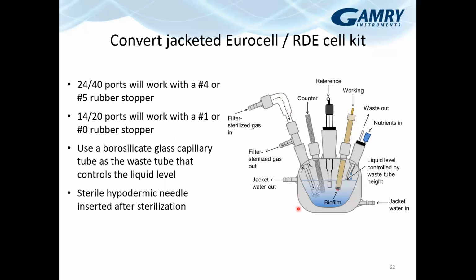So in fact, you can assemble the complete cell, minus the working electrode and the reference electrode, and get that autoclaved in your typical steam sterilization protocol. And that completely takes out all the effort of trying to clean complicated reactors. And then at the end, you can just poke a hypodermic needle into the system for flow.